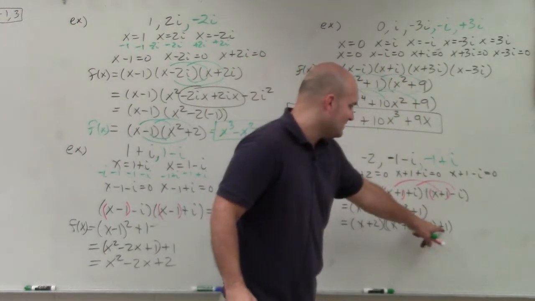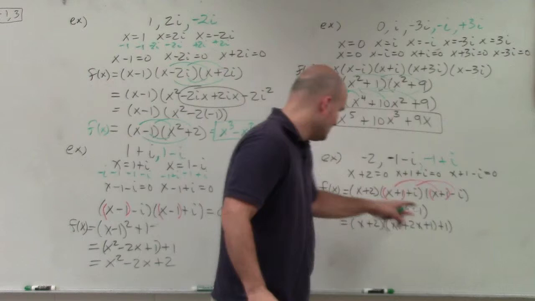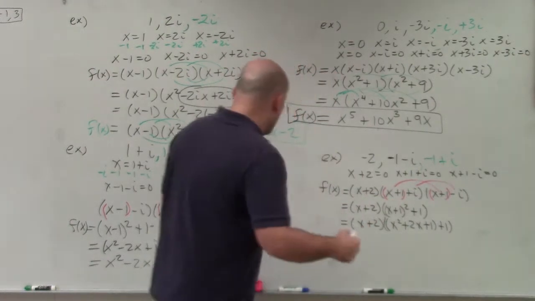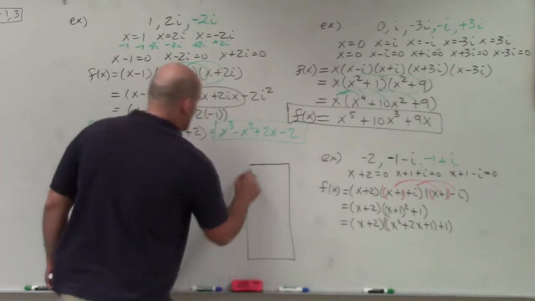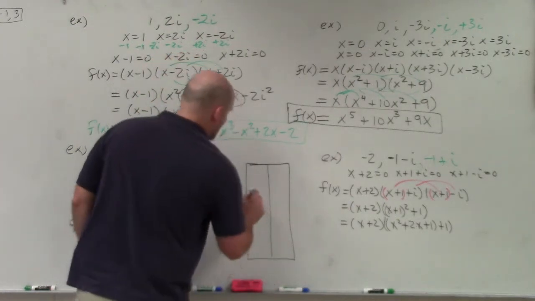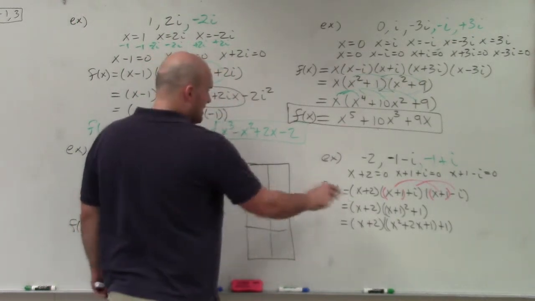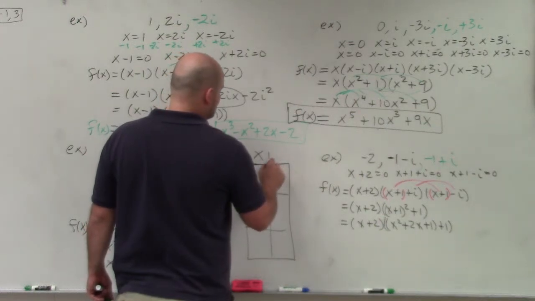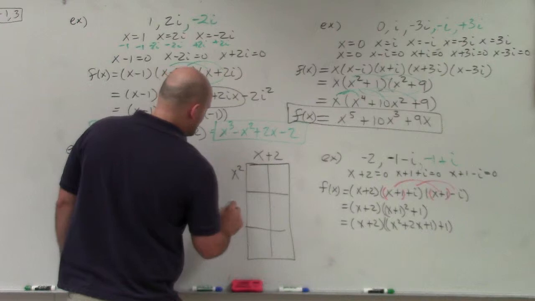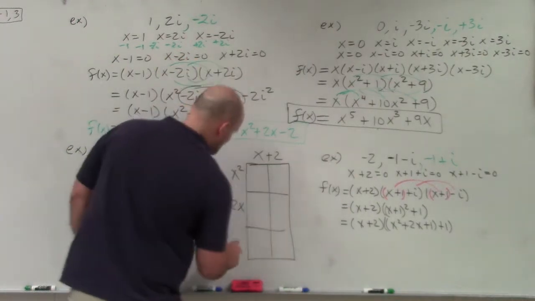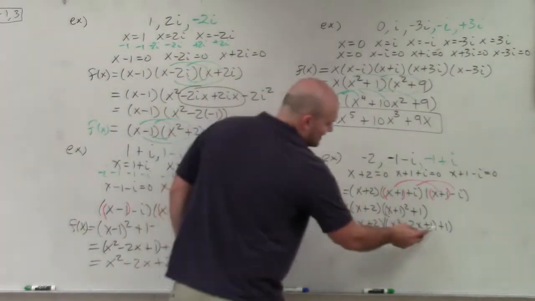So now I can add those two 1s, and then multiply by x plus 2. However, to do that, the best thing I like to do is use the box method. So I'm multiplying a binomial, x plus 2, by a trinomial, which is x squared plus 2x plus 2, because I added the 1 plus the 1.